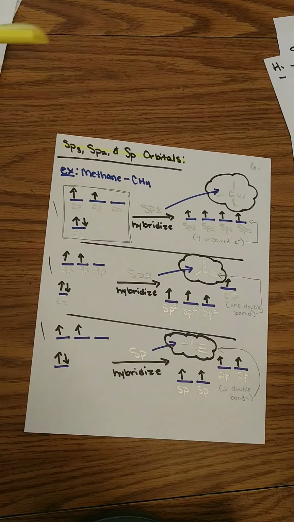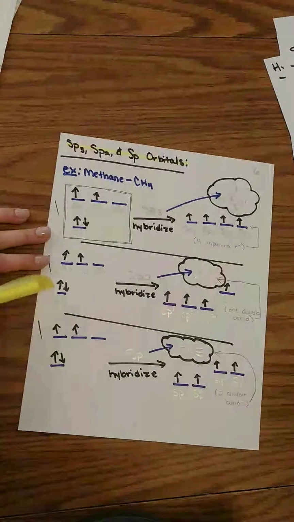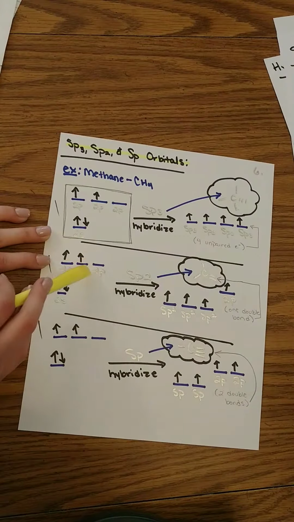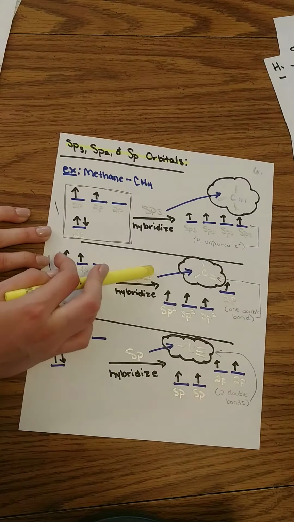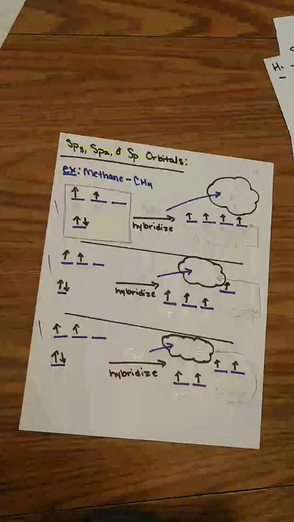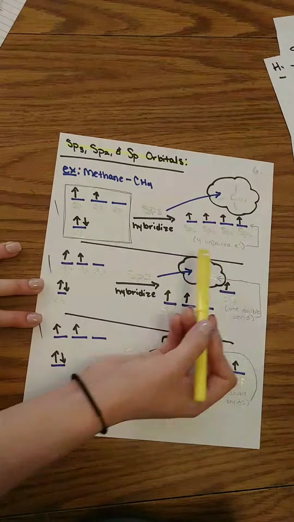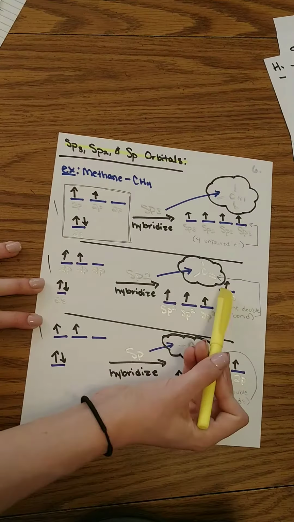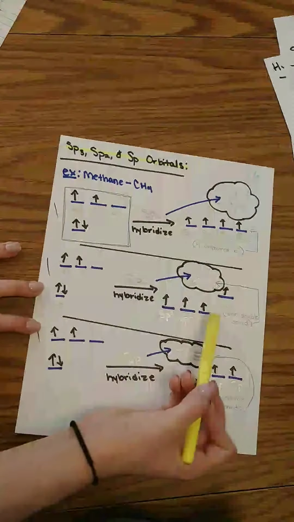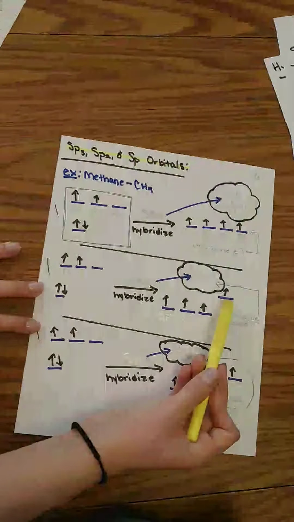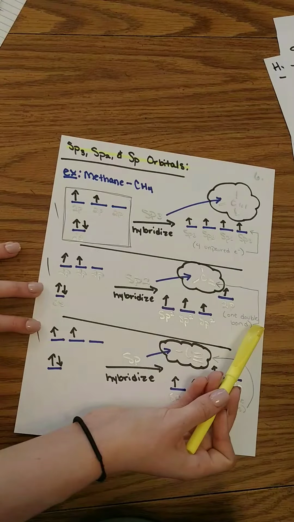So again, we're going to use carbon as our middle connector, so we're going to write it the same. And then we're going to hybridize it over and create a whole new setup. So one of our P's goes up, as you can see in sp3, it will go up and separate itself so it can make that double bond.